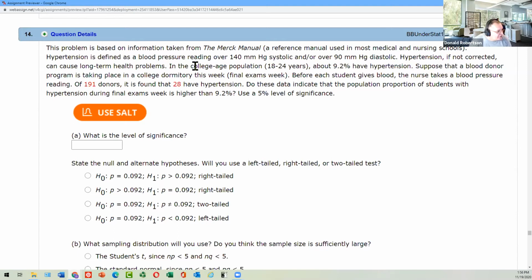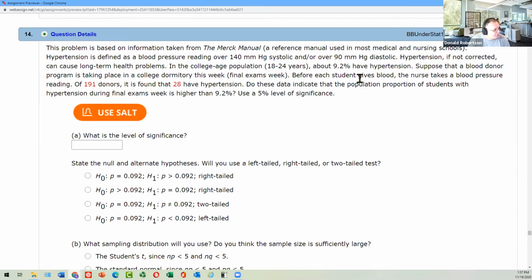In college-age populations, in young people, 9.2% have hypertension. That's about 1 in 10 people. We almost have enough people here in this class for one of you to have hypertension. That's not good. In that group then, 9.2%.